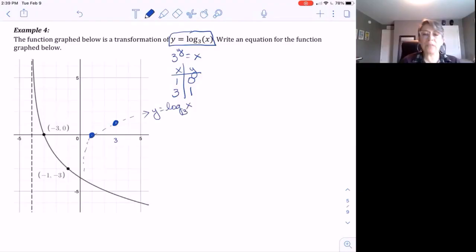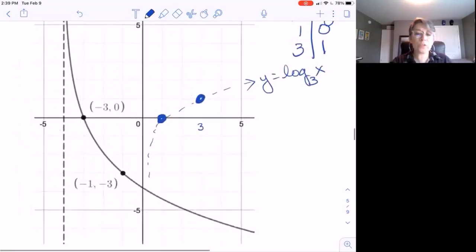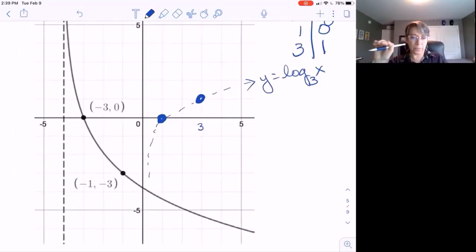So we can guesstimate kind of what's going on here. First of all, we know that it is reflected across the x-axis. How do we know that? Well, this original function, the blue dotted, is increasing up to the right, but we want it to be decreasing left to right. So if we flipped it over the y-axis, it would be decreasing but going downwards.